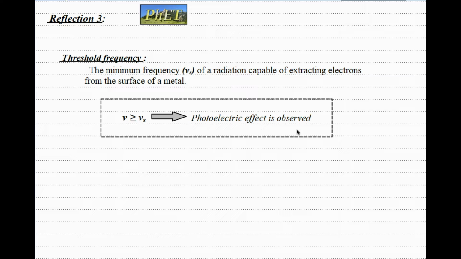So by now we have 2 vocabularies that we have to know to add to our bucket. Okay, the work function of a metal. Now this will be the last definition or vocabulary we're gonna set for this chapter. Okay, it's a bit long, but it's not that hard.